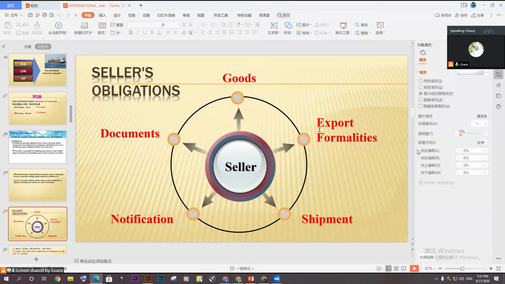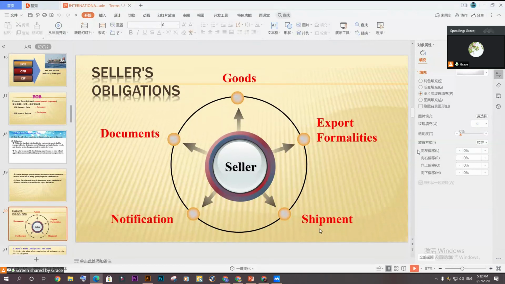The second one is the export formalities. Because the seller is an exporter in international trade, there are a lot of formalities and paperwork for the seller to do. All this paperwork should be done by the seller. The third one is the shipment.